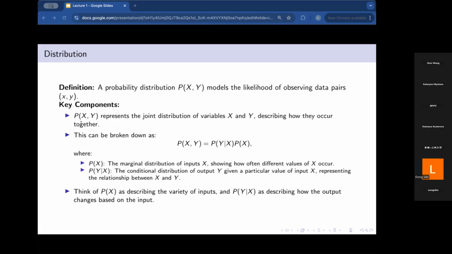Here, probability of X represents the marginal distribution of the inputs X. It tells us how often different values of X occur in the data set.